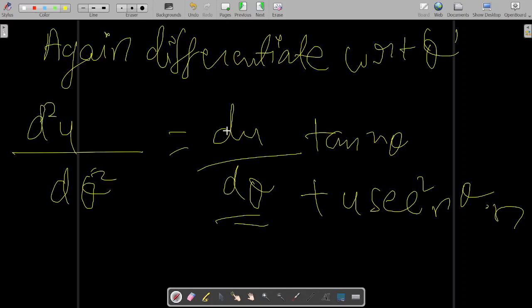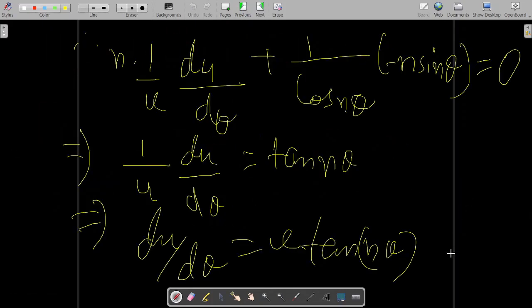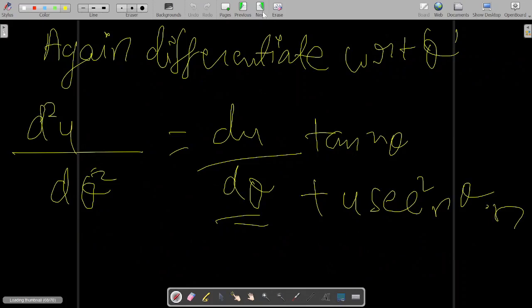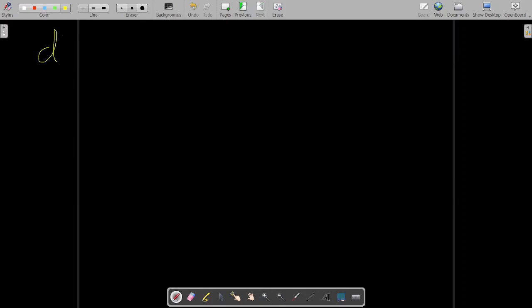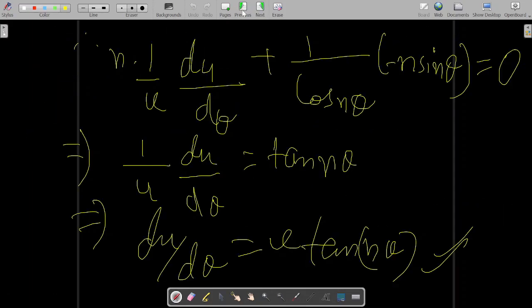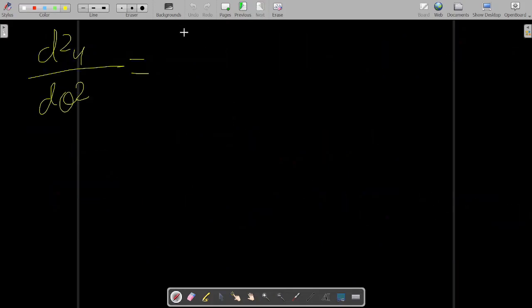Now just rearrange the terms and substitute the value of du by d theta, which is u tan n theta.